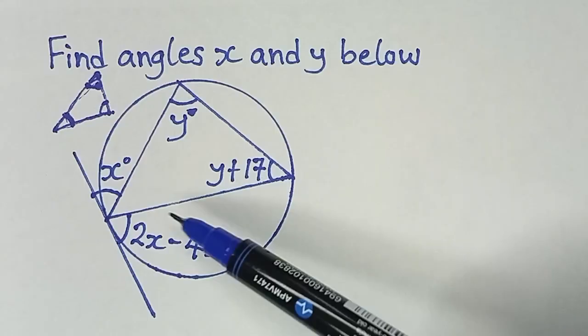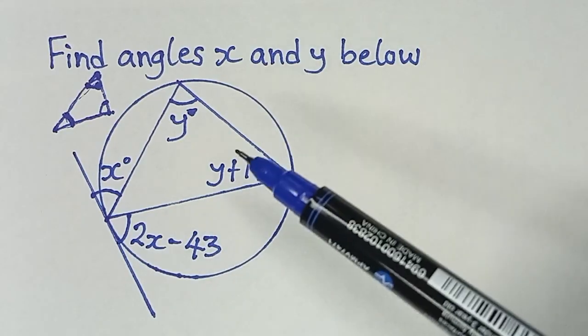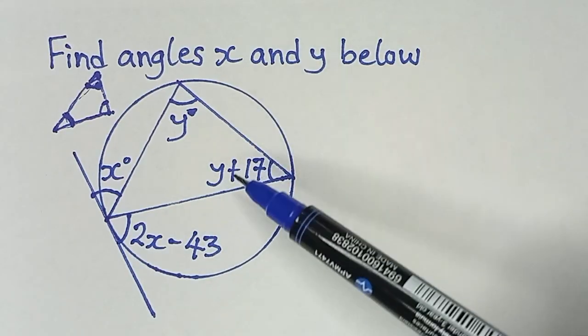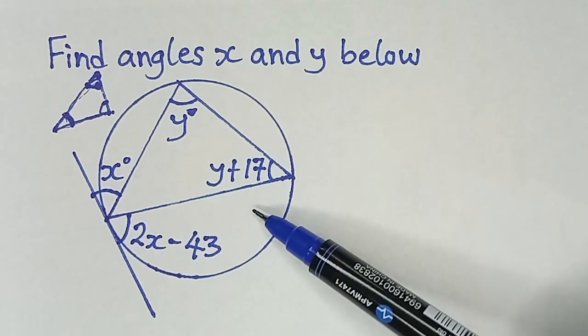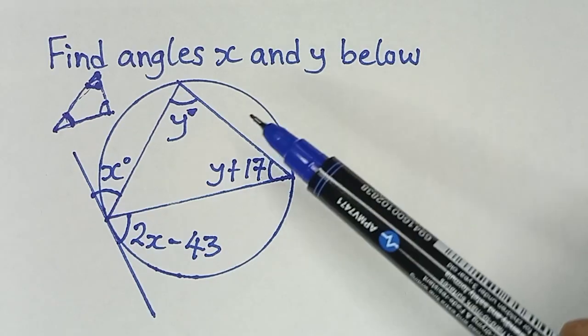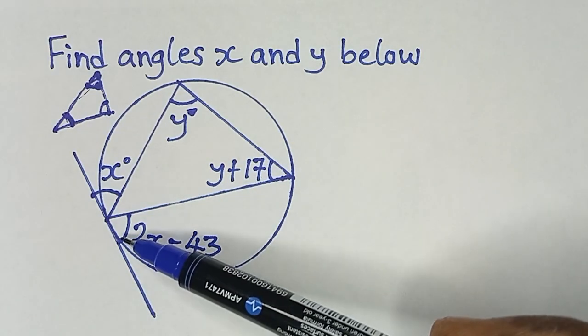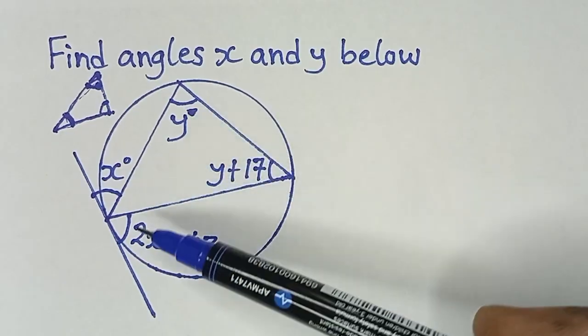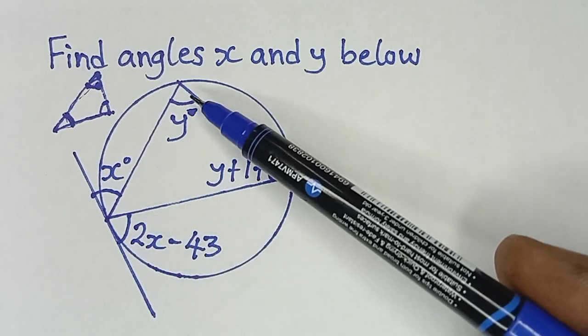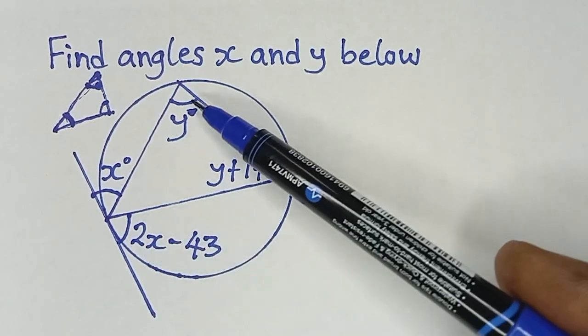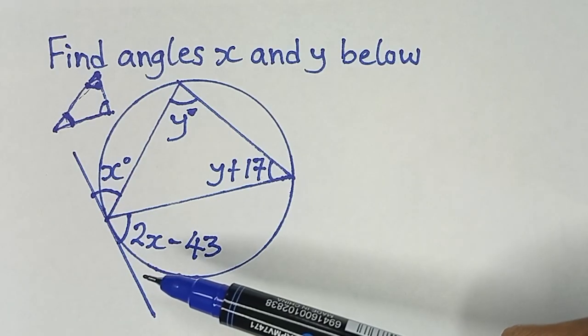So with this understanding, we can get the alternate angle theorem, that angles in alternate segments are equal.